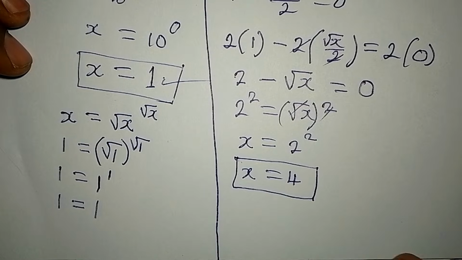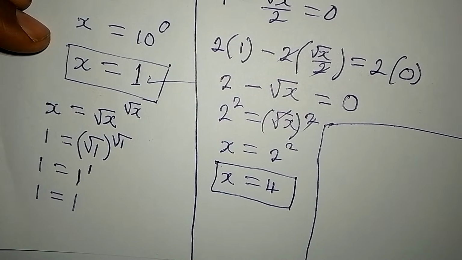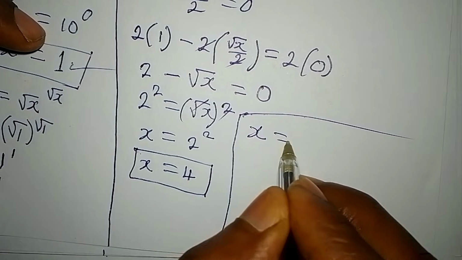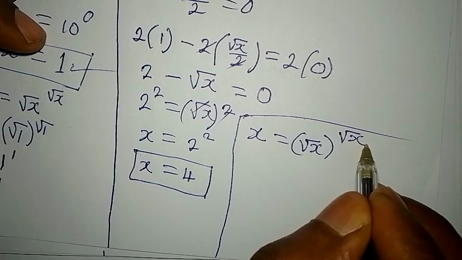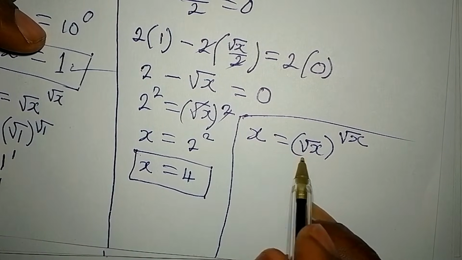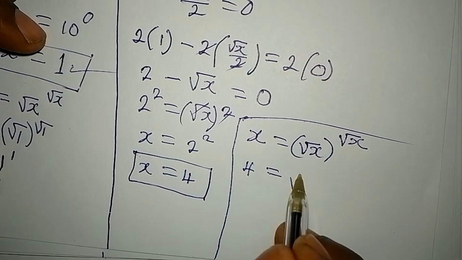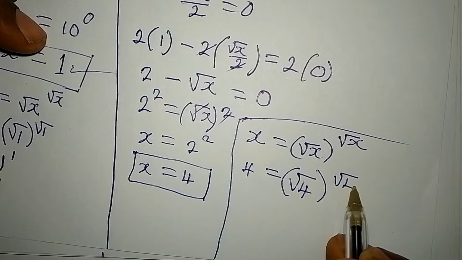Now let's confirm the second value. Let me do it over here. The second value of x, the original equation is x equals root x to the power of root x. Now if I put in x as 4, then we have 4 on the left. Then here we have square root of 4 to the power of square root of 4.